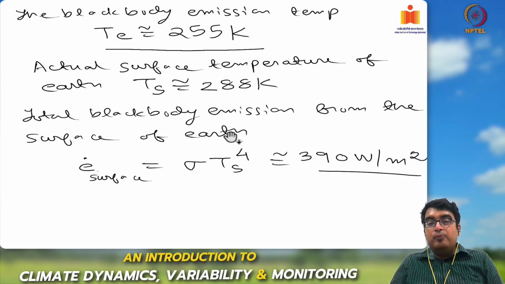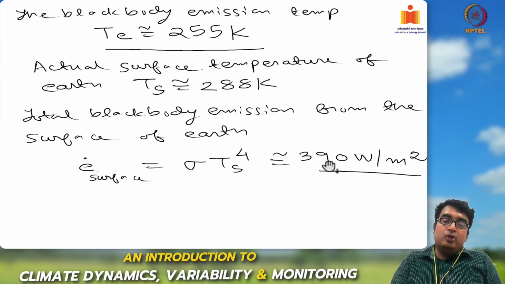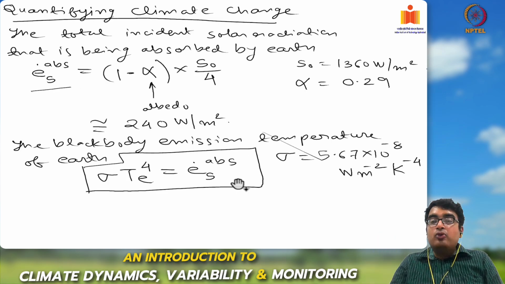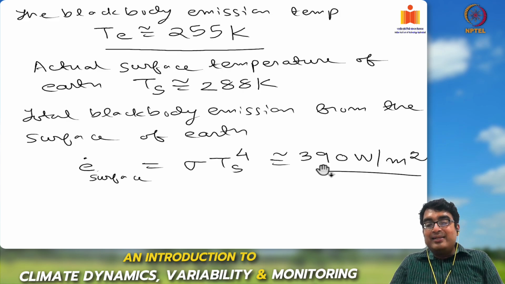If you put 288 kelvins here, it gives us around 390 watt per meter square. So, we see two numbers. The actual radiation that is going out to space is 240 watt per meter square, whereas the radiation being emitted by the surface of the Earth is 390 watt per meter square.